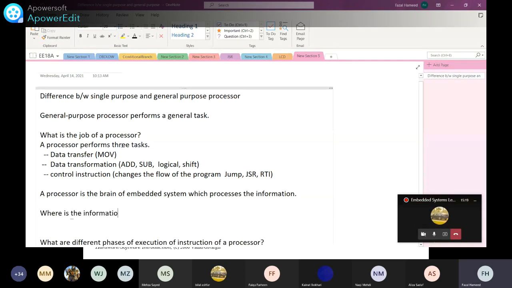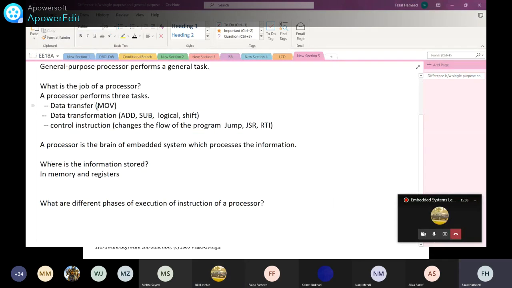Memory. Yes, very good. The information is stored in memory and also in some small registers in the microprocessor. So it extracts the data from the memory and the registers.